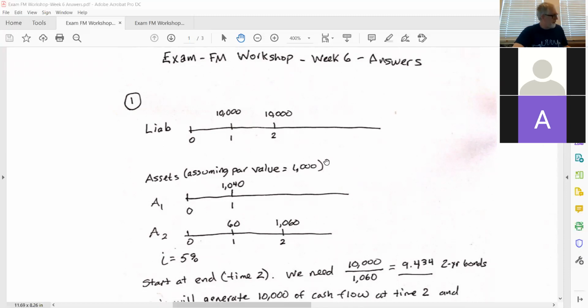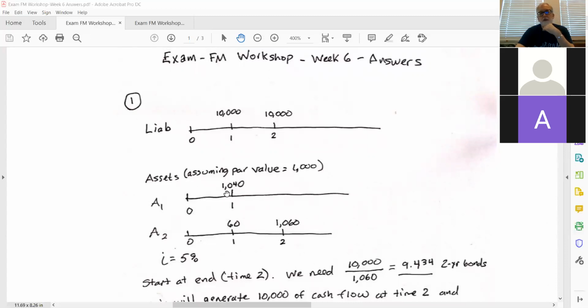The first question was, an insurance company has an obligation to pay $10,000 1 year from now and $10,000 2 years from now. And they have two bonds they can use as assets to back the liabilities. The first one is a 1-year coupon bond with 4% coupons.